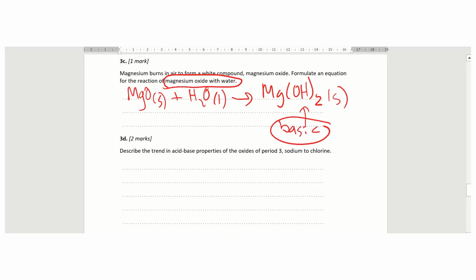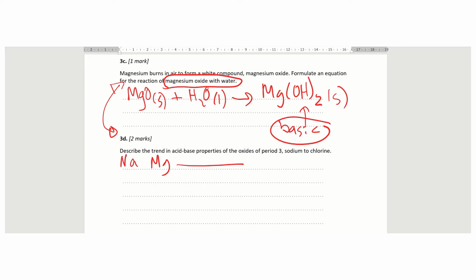Next question. Describe the trend in acid-base properties of the oxides of period 3, sodium to chlorine. So always with these kinds of questions, they're going to follow it up with acid-base properties. So with the acid-base properties of the oxides of period 3, you'll notice that we start with sodium, then we move to magnesium, then there's nothing there because there are no transition metals in period 2.